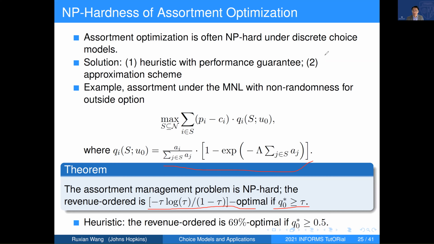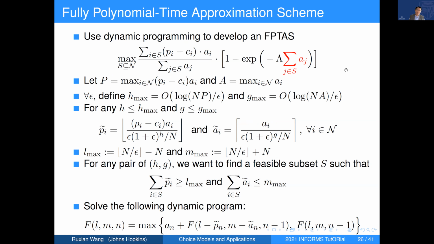We can further develop some approximation scheme, like the fully polynomial time approximation scheme. Here the idea is to use dynamic programming to find an offer set such that the value is very close to the value at optimality.